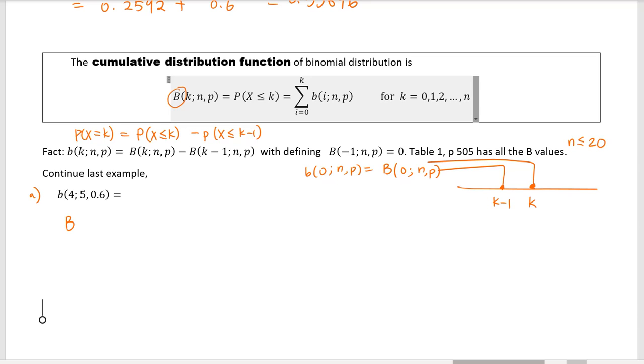This is capital B of 4 minus B of 3. How do you get 4? You use less than or equal to 4 minus less than or equal to 3, then you get P of X equals 4. So let's check out our table. N is 5.